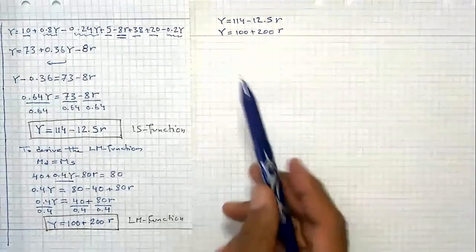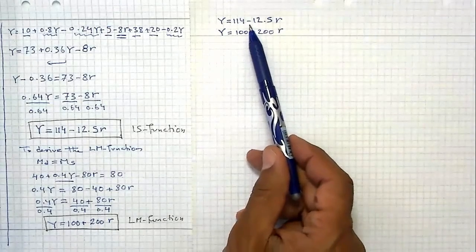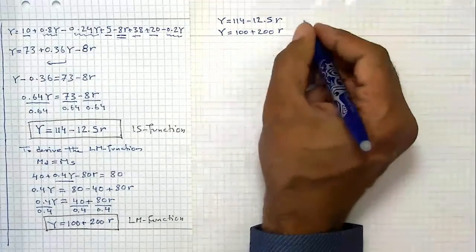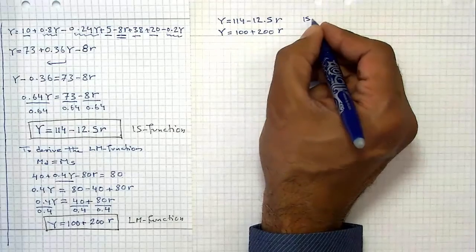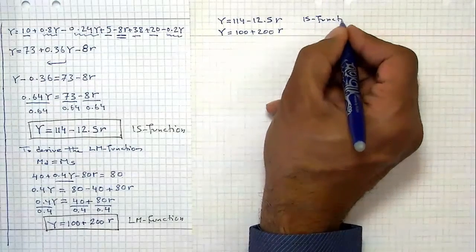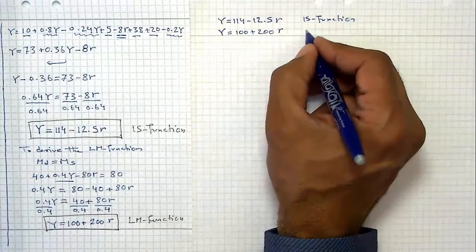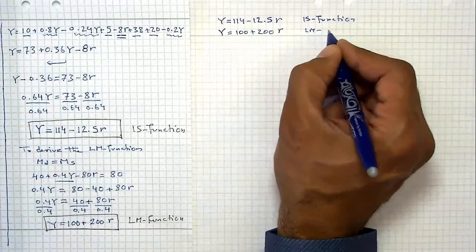By the way, you can see that we have a negative here because the IS function is negatively sloped. And a plus here, that means the LM function is positively sloped.